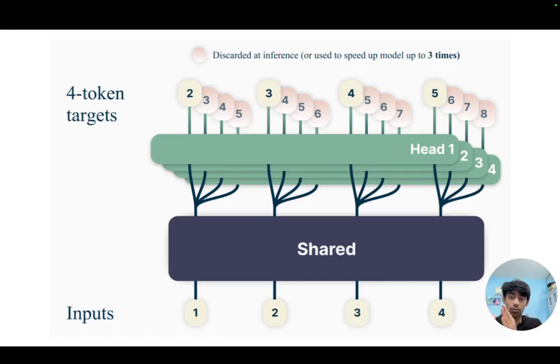Let's say instead of one you are getting four, six, eight, something like that. So this is the whole concept, and this is only used in training. During training you use it, not during inference. You have an option, but you can skip it. So this is obviously going to speed up the model up to three times if you use it, because you are predicting x plus 3 tokens at a time.